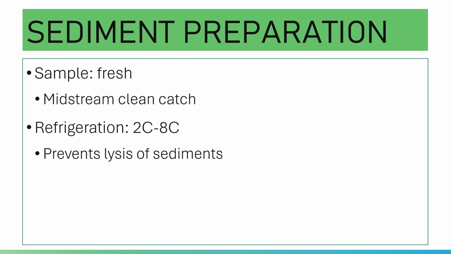The sample required for routine urine analysis is, of course, a freshly collected urine sample. Once submitted to the laboratory, you examine it as soon as possible. But if you cannot test it right away, then you do preservation.